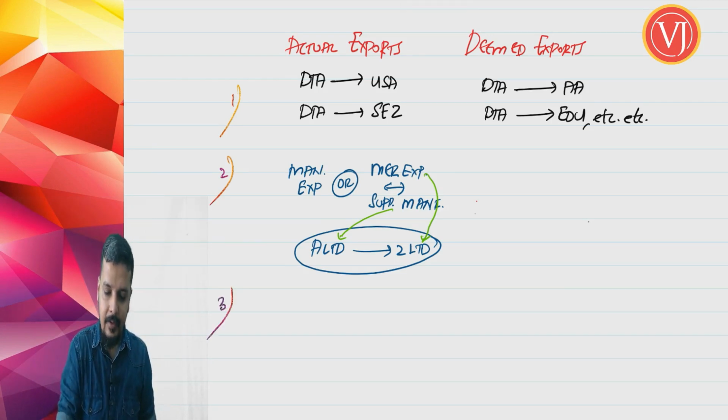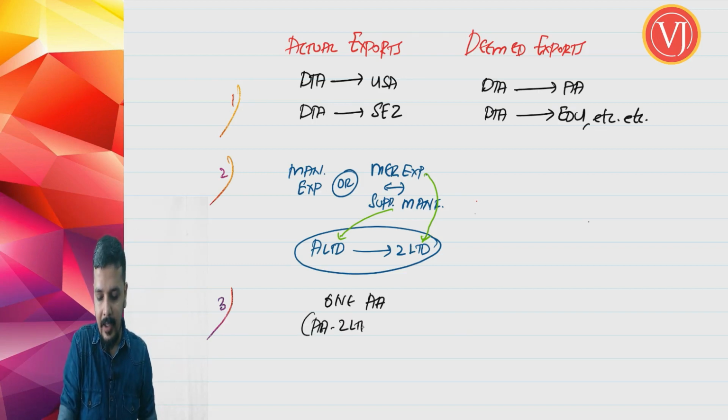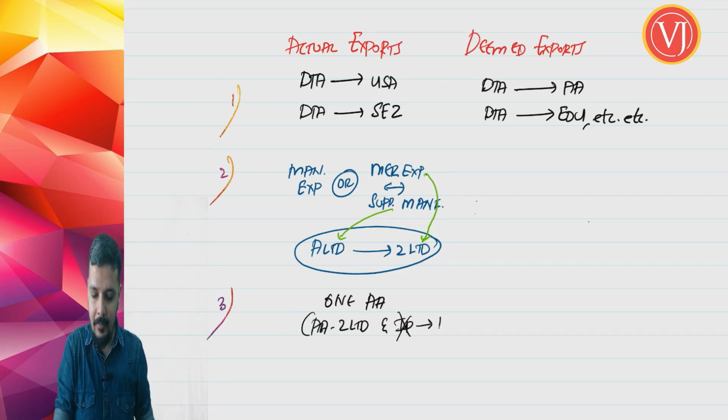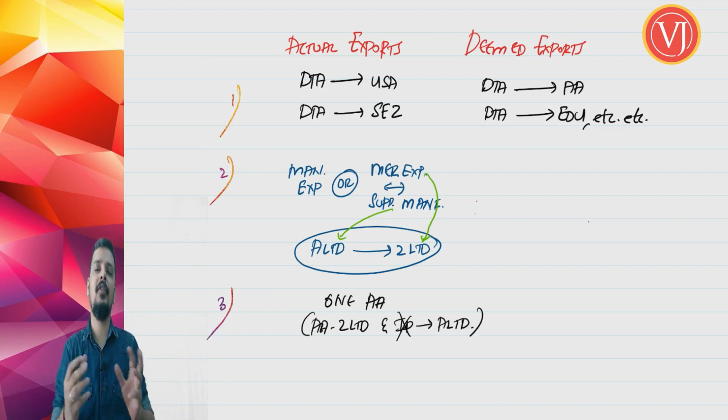So they are working with one advance authorization. The advance authorization is taken by Z Limited, the merchant exporter, and the benefit of not paying import duty is taken by A Limited, who will also convert the inputs into final product and supply it to Z Limited.